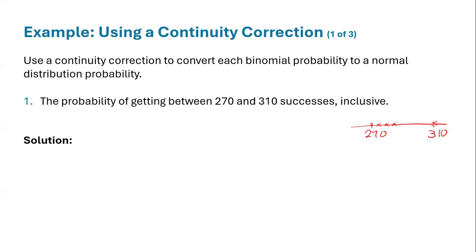We want to find the area under the curve between 270 and 310. But how do we know which point we have to use for the continuity correction? If this is a normal distribution, if this is 270, we always have a bar above each number in a binomial distribution.